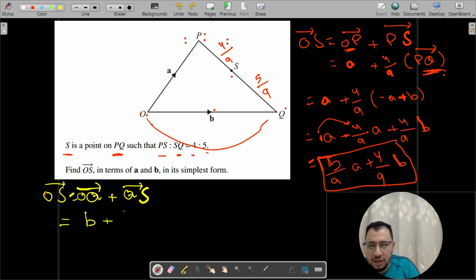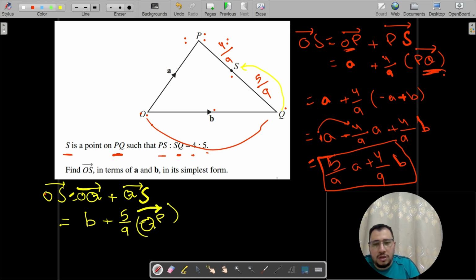It's 5 over 9. But 5 over 9 of what? 5 over 9 of QP, not PQ. Again, you are going to this direction here. So it is 5 over 9 of this direction of what? Of QP. So 5 over 9 of QP.